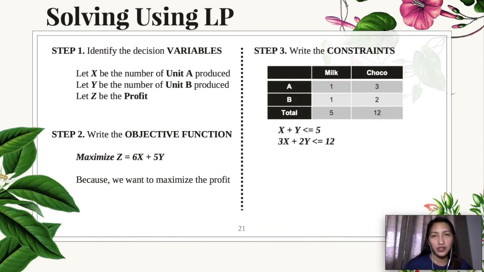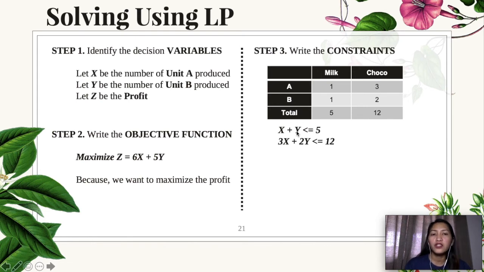So, here's our third step. The third step is to write the constraints. The constraints would be the availability of the materials. For unit A, you need 1 unit of milk and 3 units of choco, while for B, you need 1 unit of milk and 2 units of choco, but you cannot exceed the limitations of having 5 milk and 12 choco.